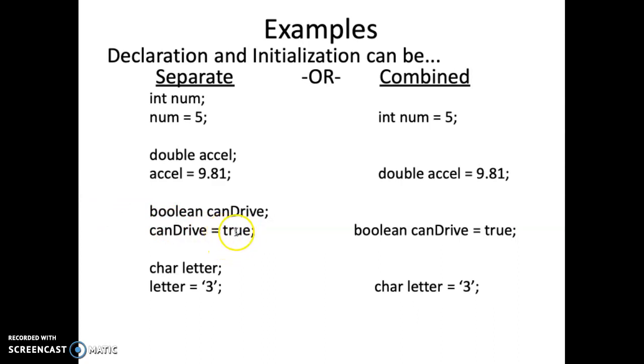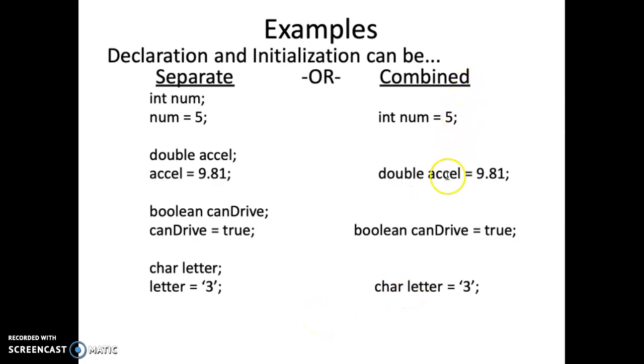So this will show up in purple, and notice that it's not in quotes. When you assign a Boolean value, you just assign it with the value true or false. Here is a character called letter, and letter gets the initial value of a 3. So a character value 3, which is different than a numeric 3 in terms of how it's stored and used.